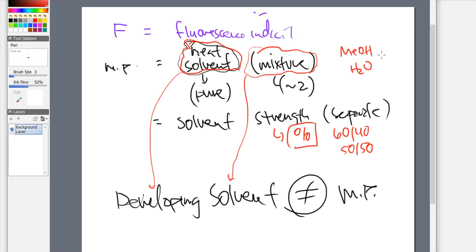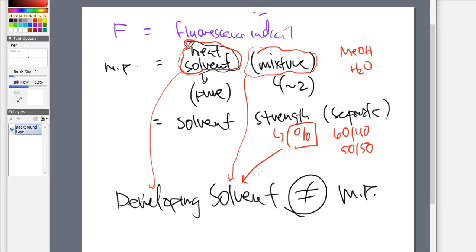And those different things can actually be done with very small changes in percentages. 60-40, 50-50, 55-45, if that's a thing, right? I mean, it doesn't take a lot to see drastic changes sometimes. Well, all of these are called my developing solvent. These are not called my mobile phases.